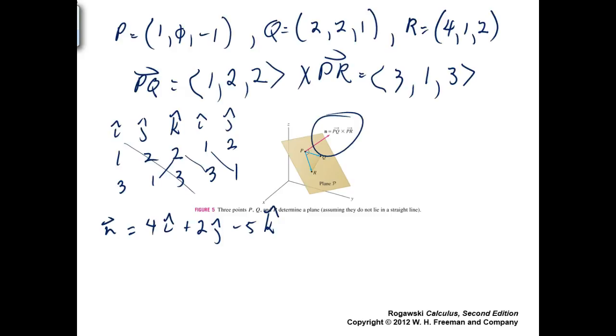Now how do you get the equation? Okay, let's do the equation for the plane. The equation for the plane would then be 4x plus 2y minus 5z. Have we had this one before? We had a minus 5z before.